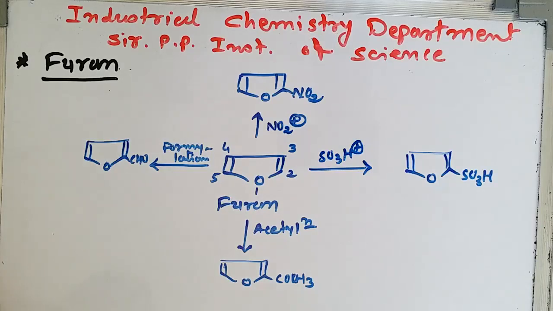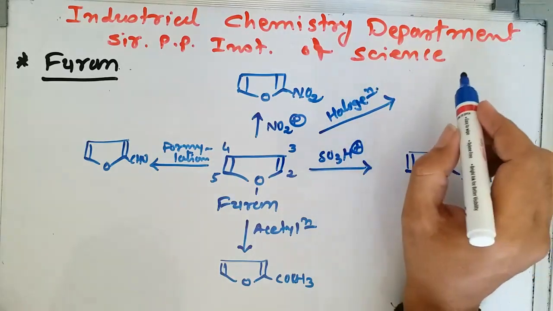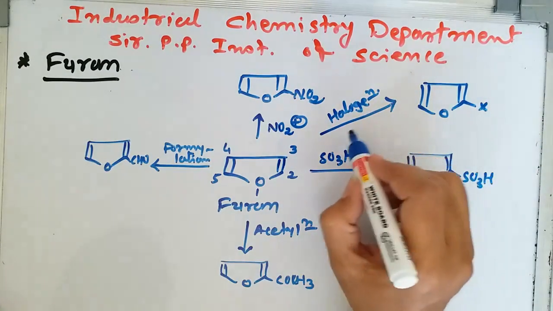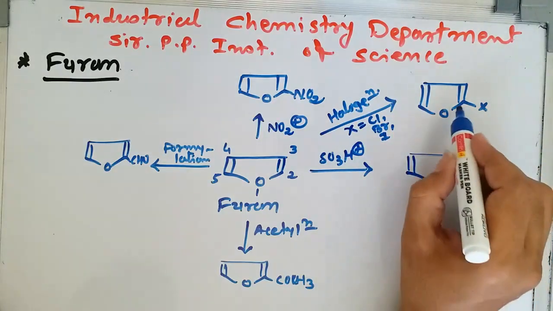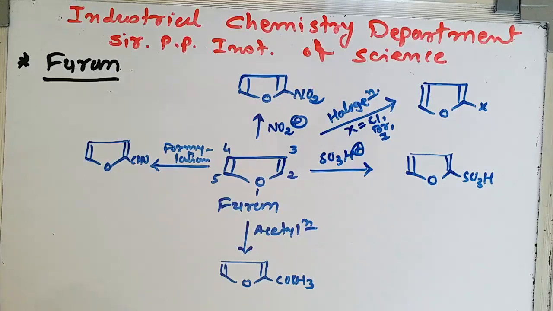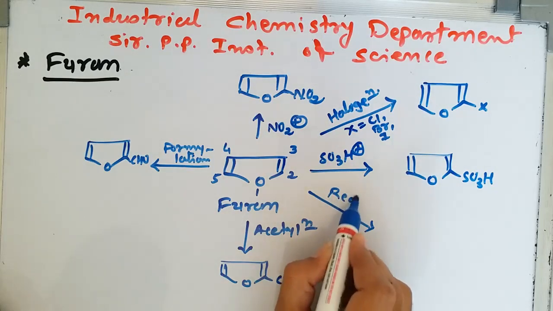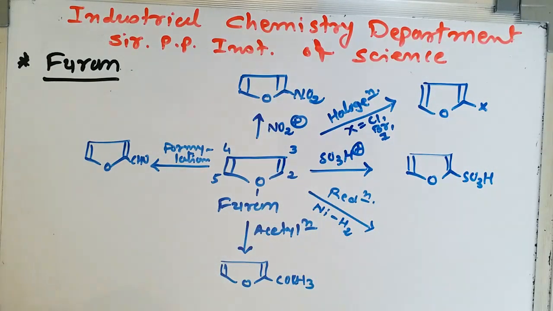If halogenation takes place, chlorine, bromine or iodine, then 2-halofuran is obtained. If reduction of furan takes place with the help of nickel as catalyst, then it is converted into tetrahydrofuran.